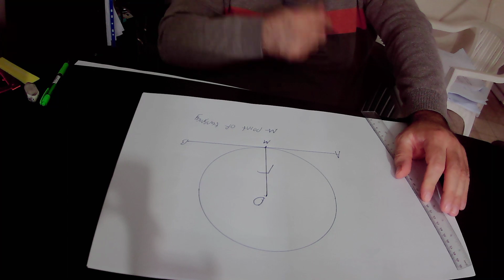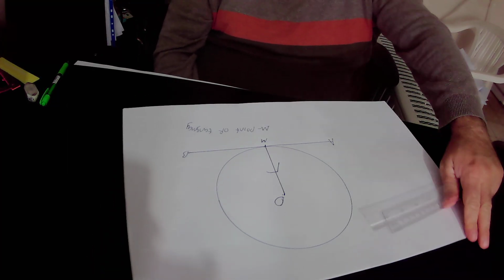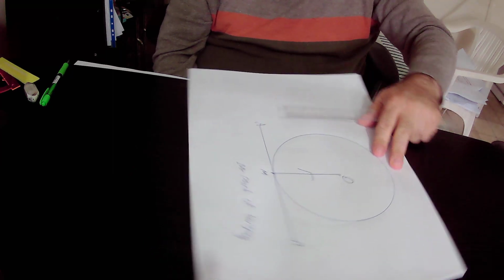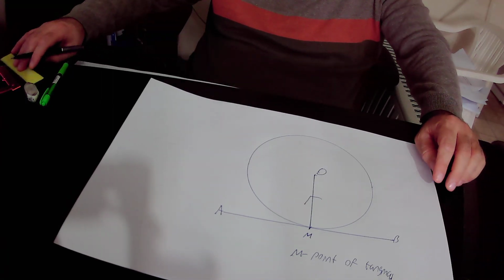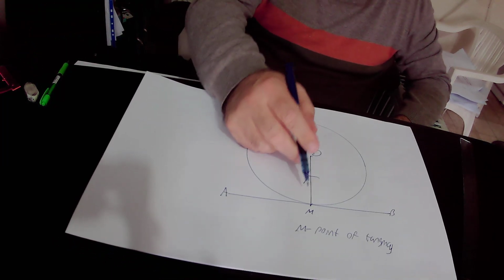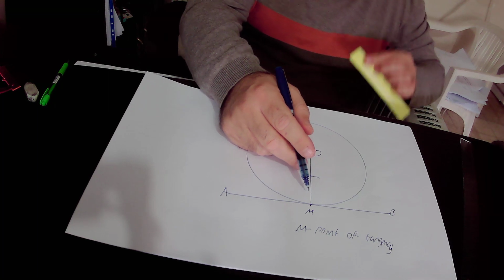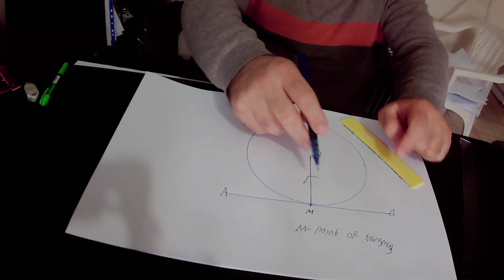And as you can see here, the radius OM is drawn to the point of tangency, that is to say it is drawn to point M, the point of tangency of tangent AB with this circle.